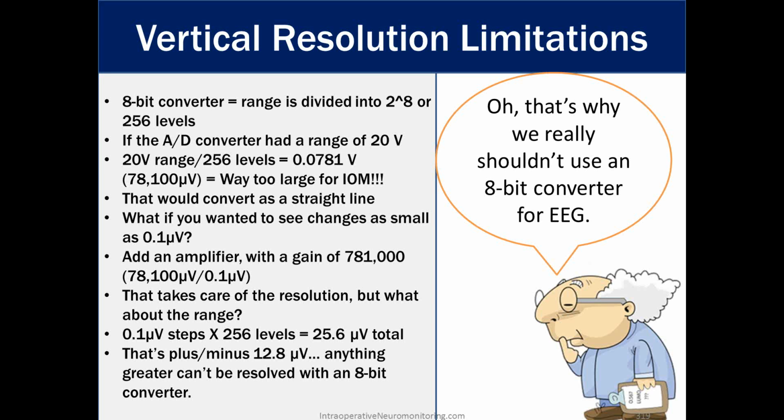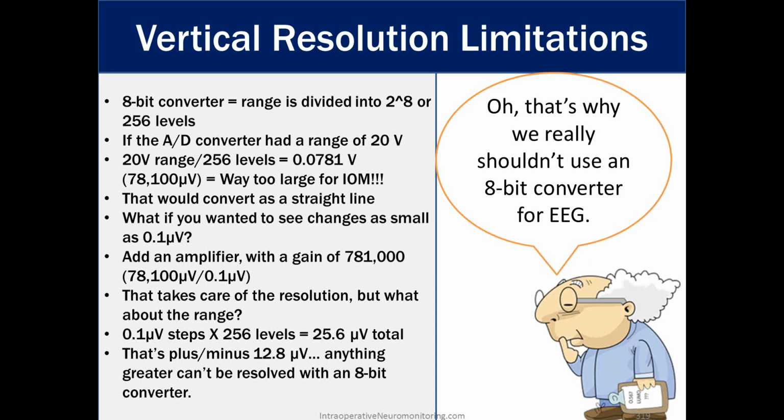That would be converted as a straight line. What if you wanted to see changes as small as 0.1 microvolts? If you add an amplifier with a gain of 781,000, then 78,100 microvolts divided by 0.1 microvolts takes care of the resolution.